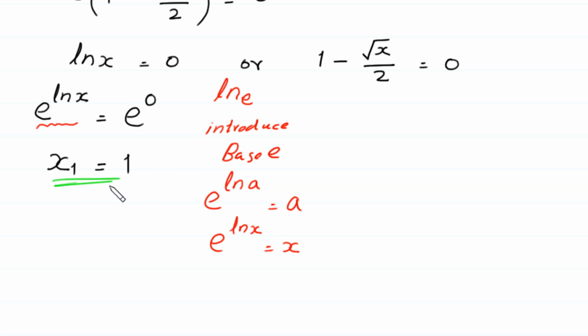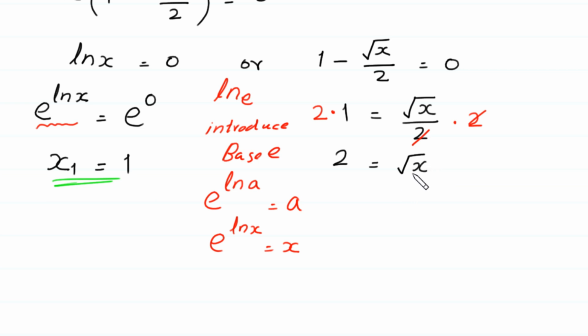Now to find the other value of x, we solve this equation. In this equation we move this negative square root of x over 2 to the right side. 1 is equal to, this negative square root of x over 2 becomes positive square root of x over 2. And from here we multiply both sides of this equation by 2. So 2 times 1, 2 is equal to, this 2 will be cancelled with this 2, and at the right side left, square root of x.